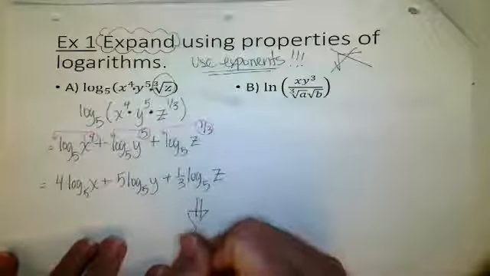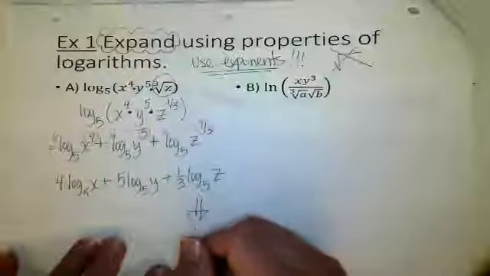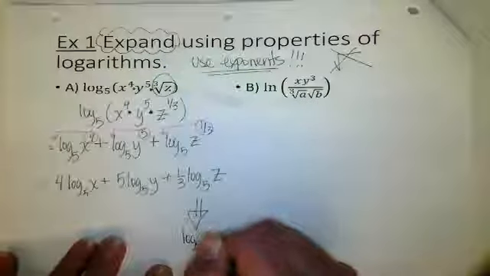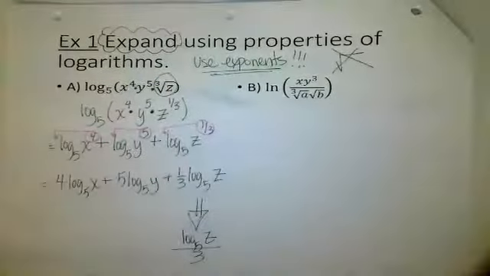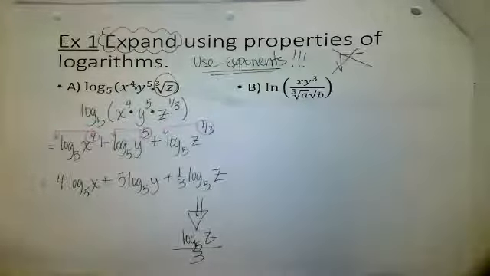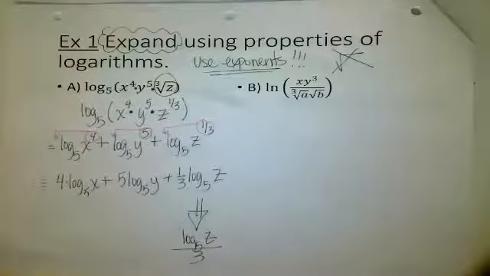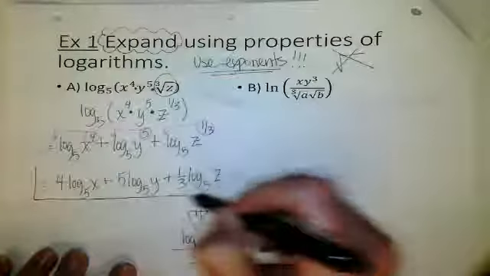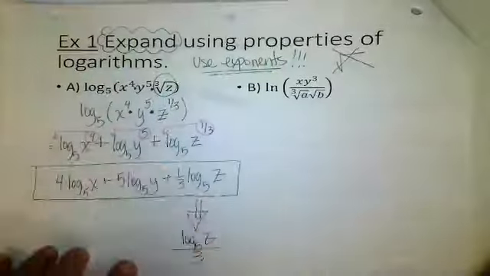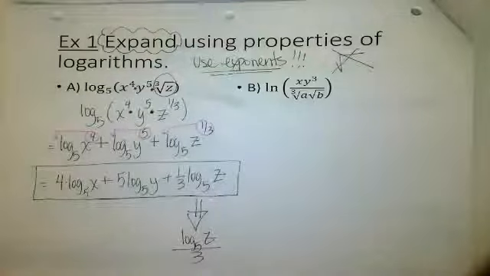What Trinity I think was saying was, would it be equivalent to say log base 5 of z divided by 3? Yes, it's equivalent. Is there a preferred way you want us to write it? I'd go just with the 1/3, frankly. So this is our fully expanded form right here. It's as big as it can get.